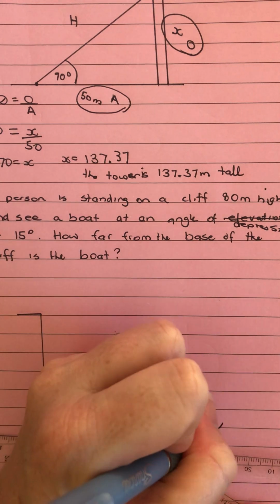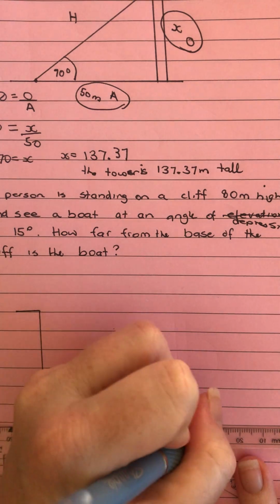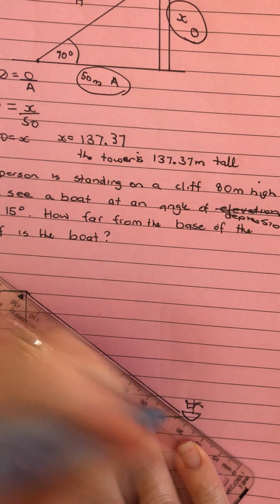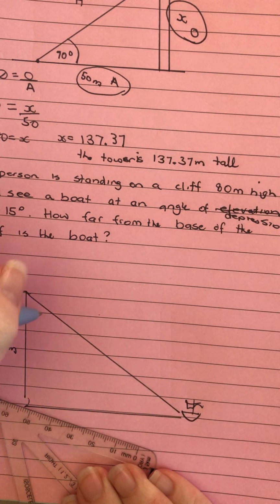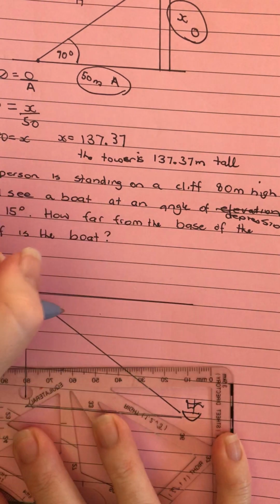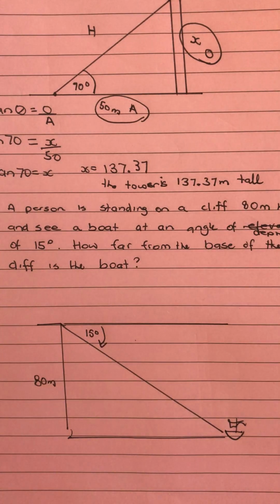They're looking down at a boat in the water. And we know that the cliff is 80 metres high. We know that this angle of depression here is 15 degrees.